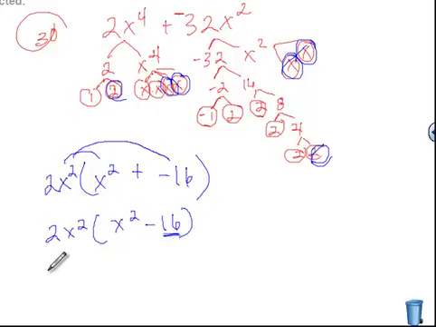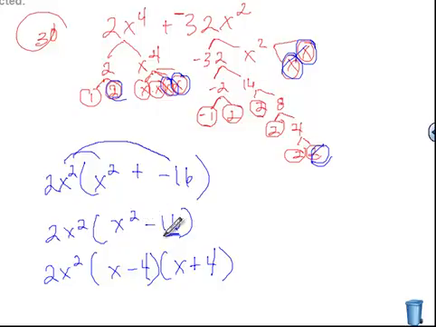So this is going back to that previous section that we just did and saying, all right, can I rewrite this? And I most definitely can, because hopefully you'll see that pattern from all these problems that we've done. Can you recognize this as something that you can factor as x minus 4 times x plus 4? Because when you multiply them, you get negative 16. When you add them, you're going to get that 0 term in the middle.